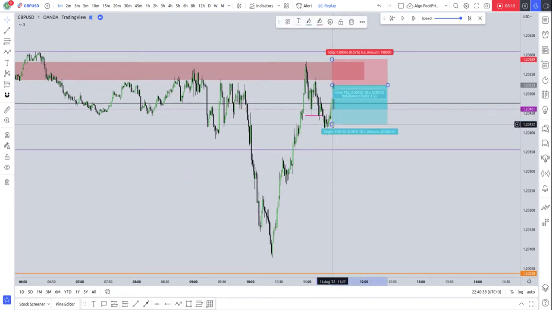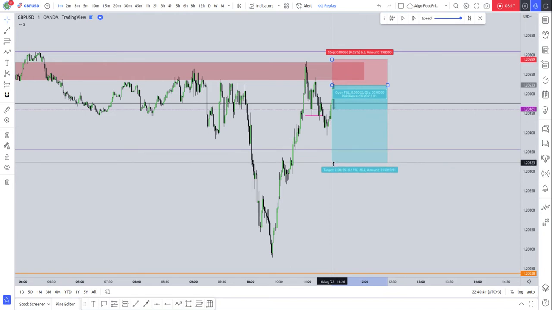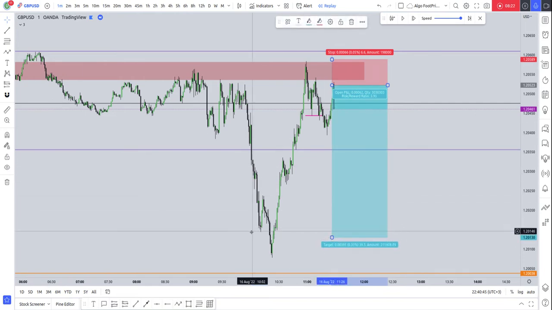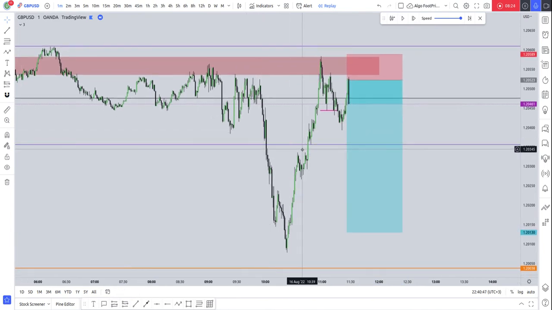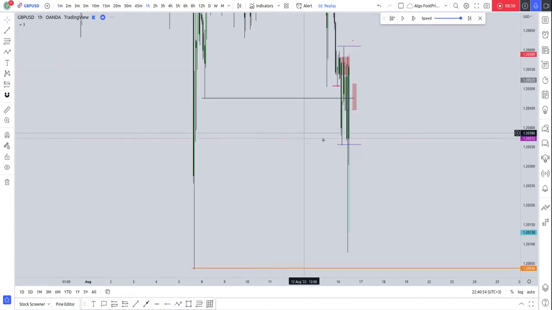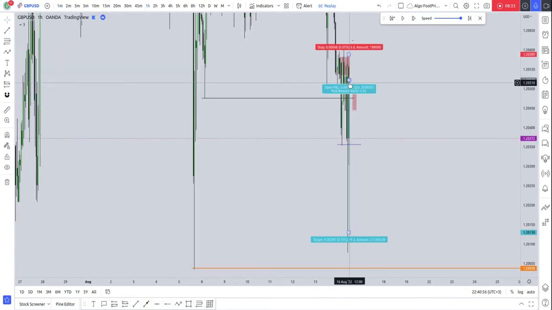And my target was this low. This was my target. The reason is, let me explain. If I switch to H1, let me remove this.